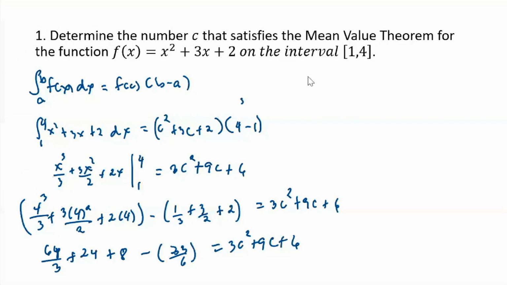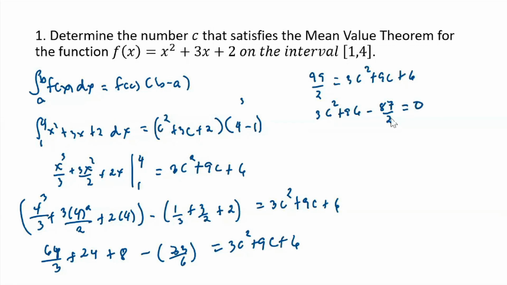So it gives us the answer of 99 over 2 is equal to 3c squared plus 9c plus 6. Then we're going to equate it to 0. Therefore, this can be 3c squared plus 9c plus 6 minus 99 over 2, so it gives us the answer of negative 87 over 2 is equal to 0.